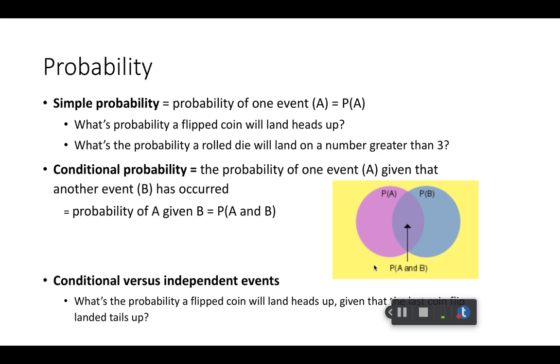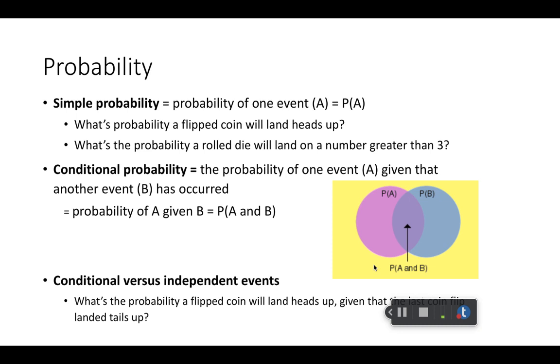And one way to think about this is to think about the question, what's the probability that a flipped coin will land heads up, given that the last coin flip also landed heads up? What's the answer? Well, the answer is 0.5, because a flipped coin does not depend on what happened before. Not at all.